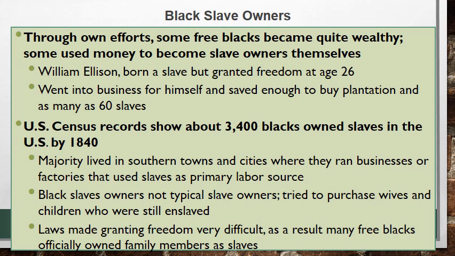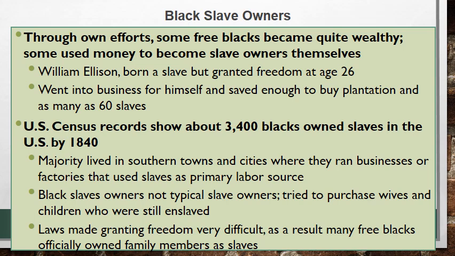In 1840, U.S. Census records show us that a little less than 3,500 African Americans own other African Americans. So why? What explains this? Well, you're most likely going to find this in southern towns and cities, where the African American in charge runs a business or a factory, and he uses other African Americans as a labor source.